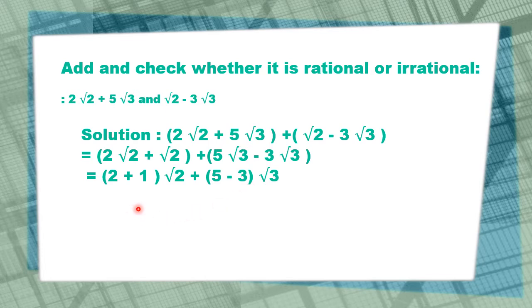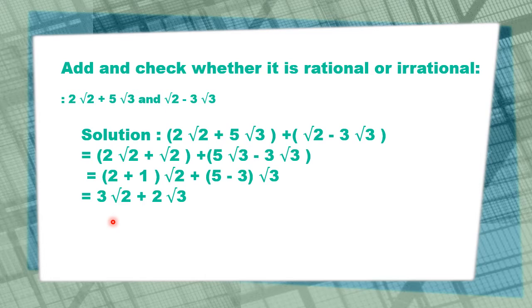Now, I need not guess. You are supposed to guess what will be the result. Before I bring the result for you, just calculate the result fast. Yes, it is 3 root 3 plus 2 root 3.